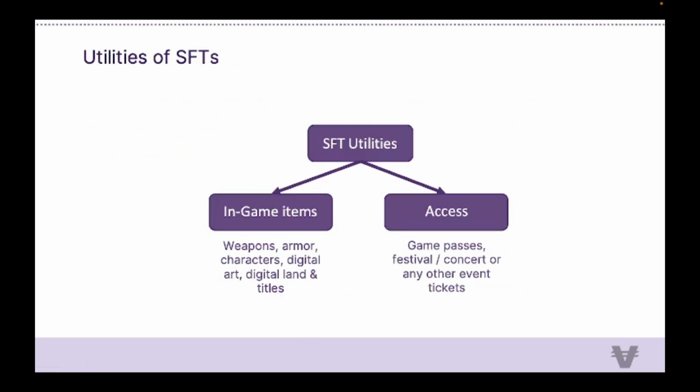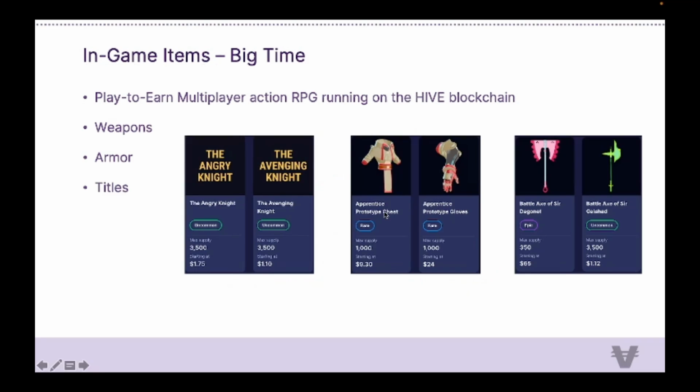Then there are some different utilities for semi-fungible tokens. So we have in-game items and access. Starting with the in-game items, Big Time is a game running on the Hive blockchain. So it's a play-to-earn multiplayer action role-playing game. And its weapons, armor, and titles are all semi-fungible tokens.